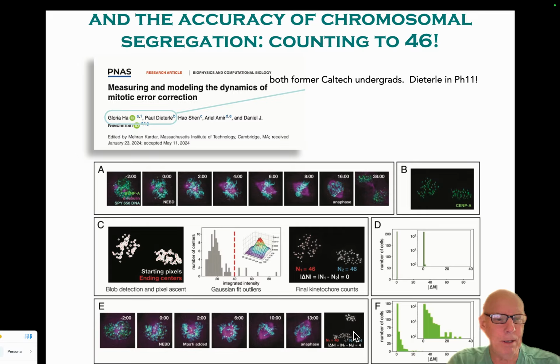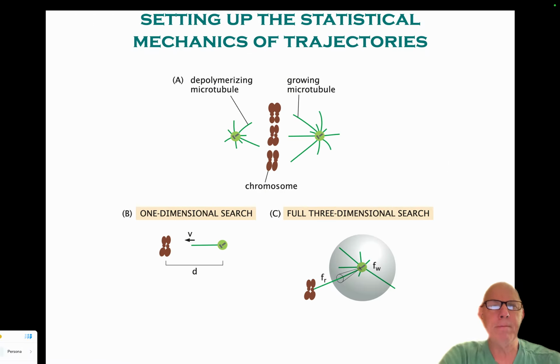And on the bottom, you can see that if you cause a premature cell division, then there will not be a correct 46 capturings. Why is this important? Because I'm going to make the claim that this exploratory dynamics, which is the heart of what we're talking about, is predicated on, or is the basis of, this kind of error correction.